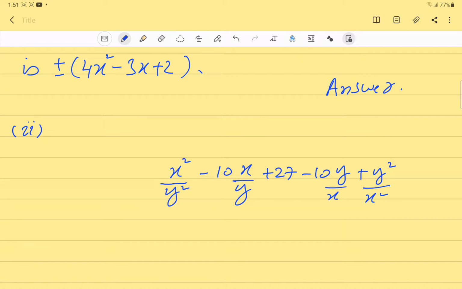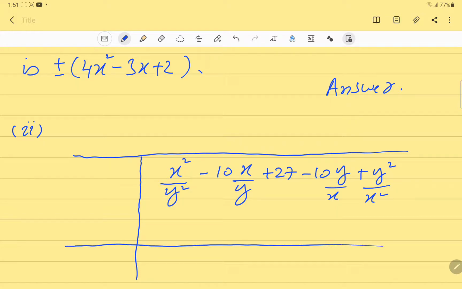Okay, we will apply our same method. x squared over y squared is actually a square of x over y. So we will write here x over y and we will multiply with the same to get x squared over y squared.